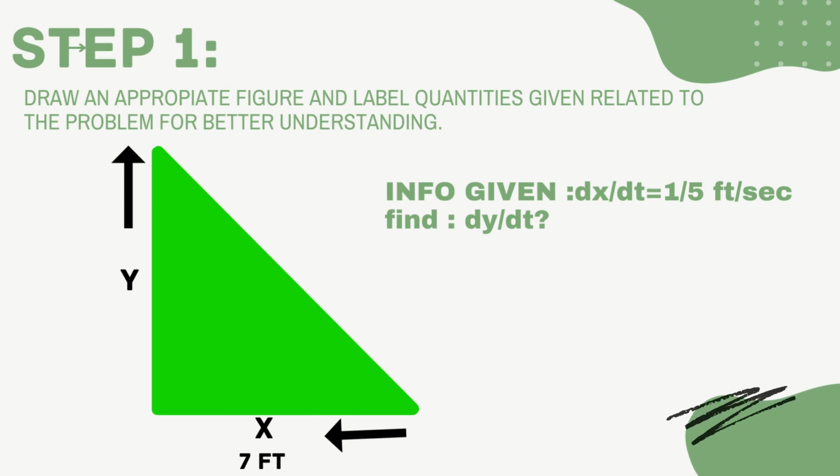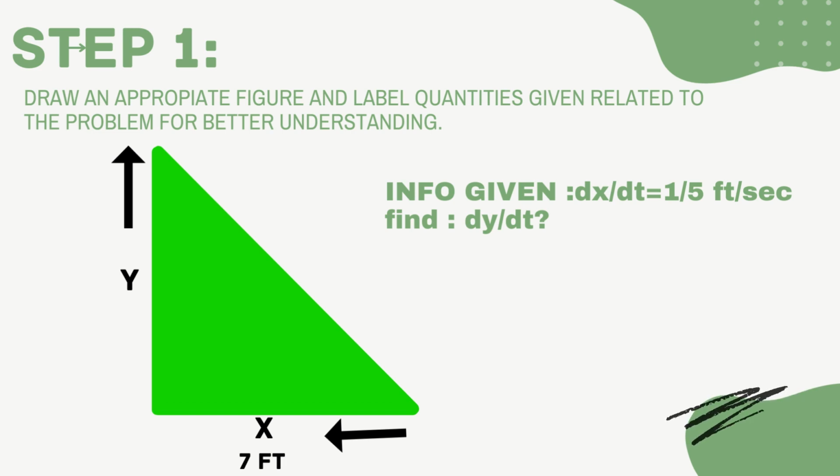For the first step, we draw an appropriate diagram and label the quantities given in the problem, so we can understand it better. From the problem statement, we know that the bottom of the pole is 7 feet away from the concrete wall.